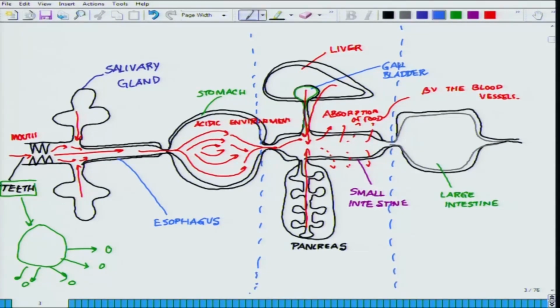It can be in the form of liver cancer, it could be pancreatitis, it could be some kind of problem in the gallbladder bursting out. Okay. So, this is a very, very critical zone of the anatomy, where a lot of absorption takes place and a lot of very critical functions are being regulated.